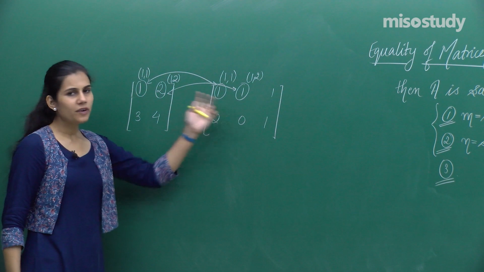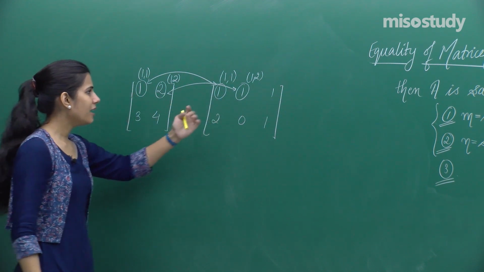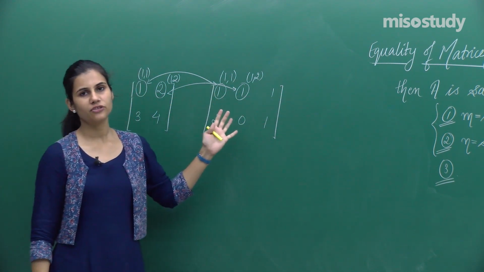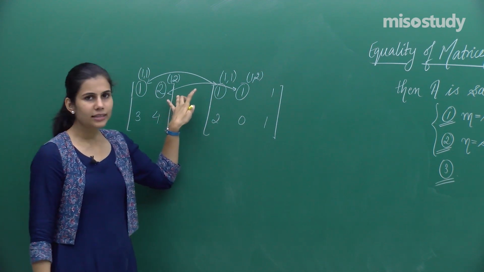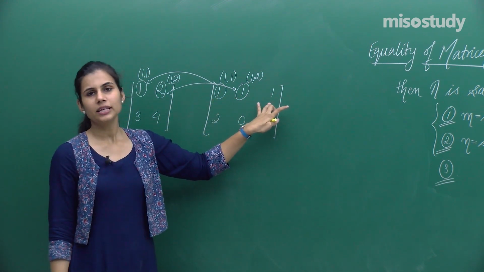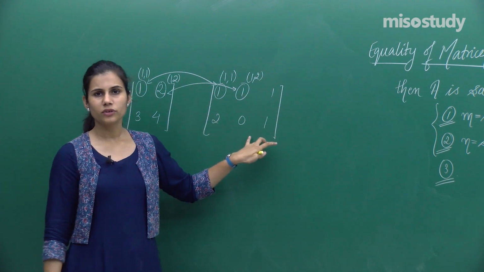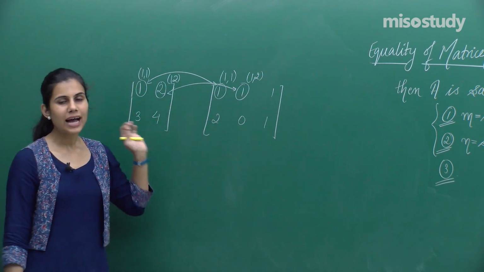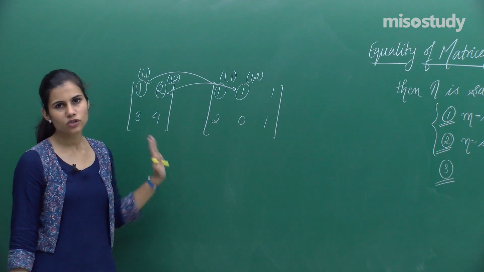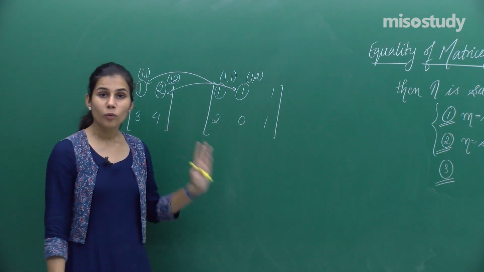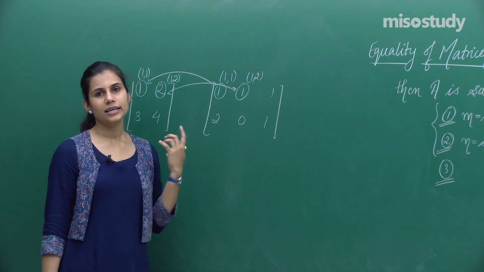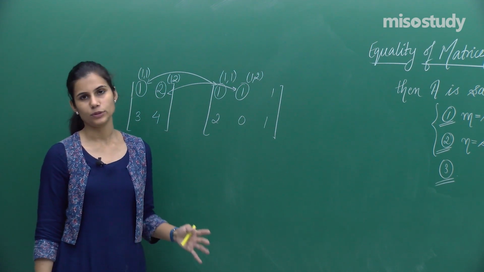There is no point of comparing these elements because there are positions different in the matrices. There is no 1 3th element over here, but there is a 1 3th element over here. There is no 2 3th element over here, but there is a 2 3th element over here. So don't get confused. I am talking about comparing elements of one matrix with another matrix, provided all the positions are exactly the same. All the positions.